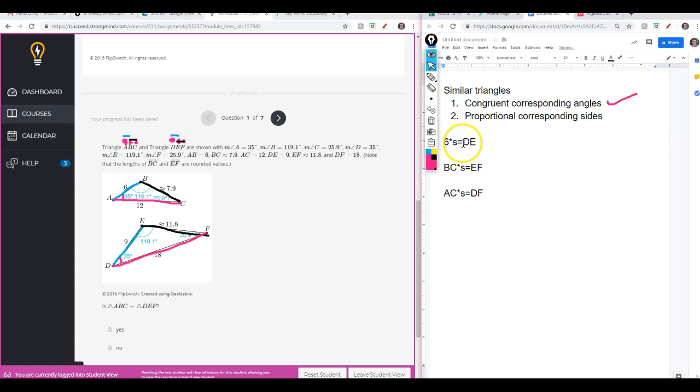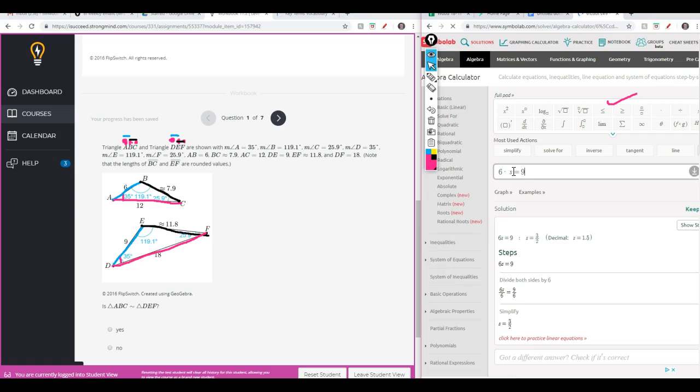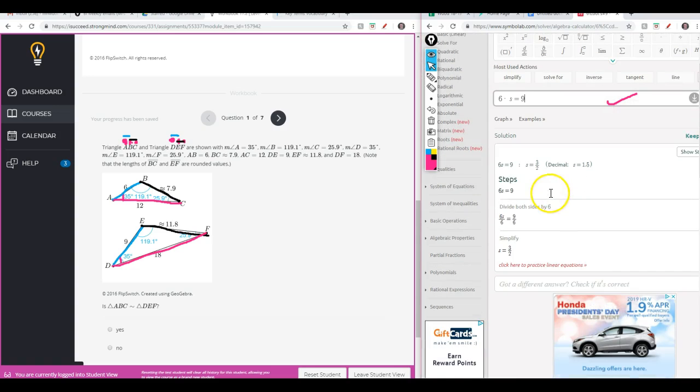So let's use substitution. AB is 6, DE is 9. So I'm thinking to myself, do I easily know a number that 6 times this number would equal 9? I do not easily know that number, so I'm going to go over to our symbol lab and type in 6 times S equals 9. Remember, the goal of this is to focus on the relationships, and if the algebra of it is a struggle, this will help you.